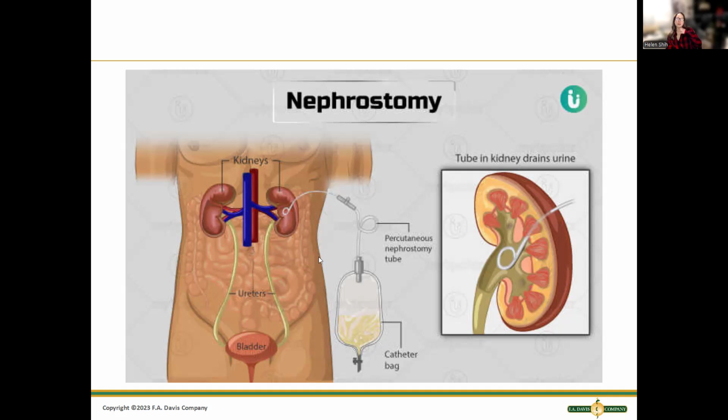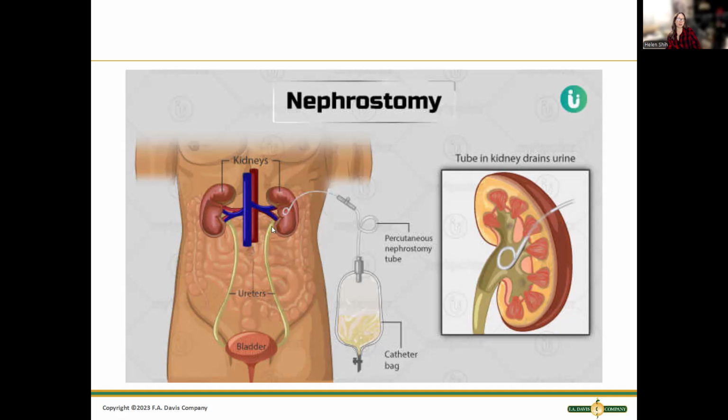So if you have both a nephrostomy tube and a urinary catheter, or if you even have two nephrostomy tubes, one for each kidney, and then a urinary catheter, you actually have to record the two nephrostomy tubes as separate outputs, and then you also have to keep the urinary catheter output as its own category.